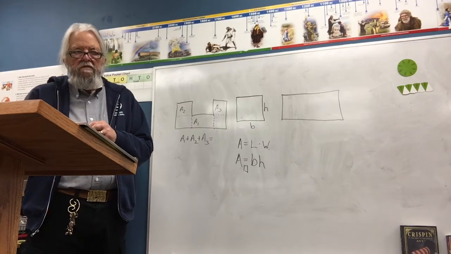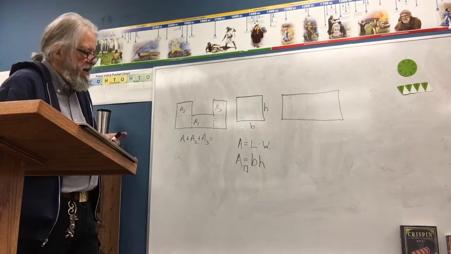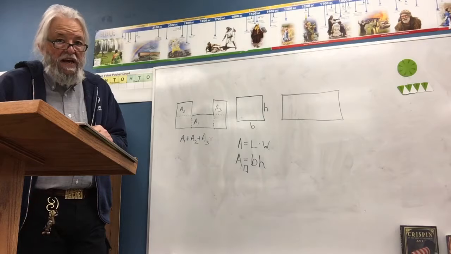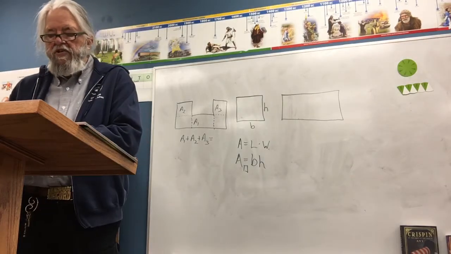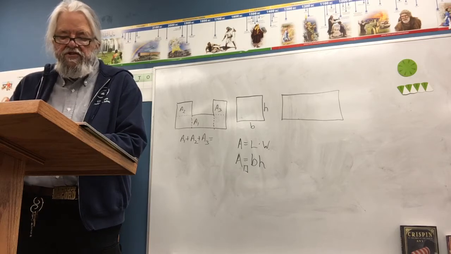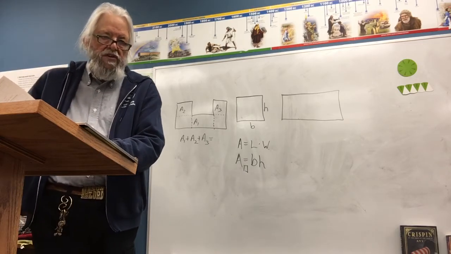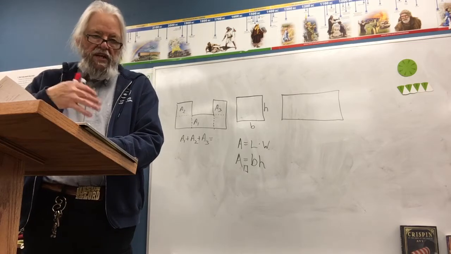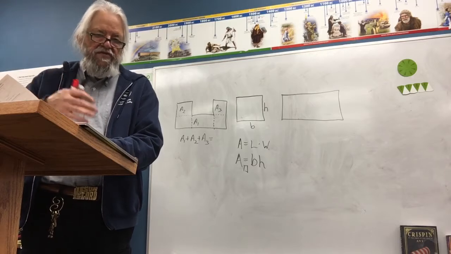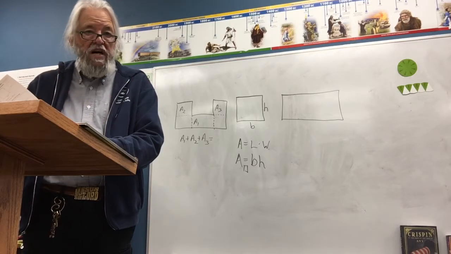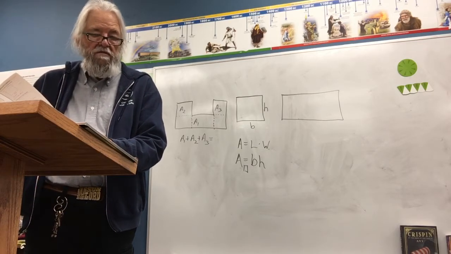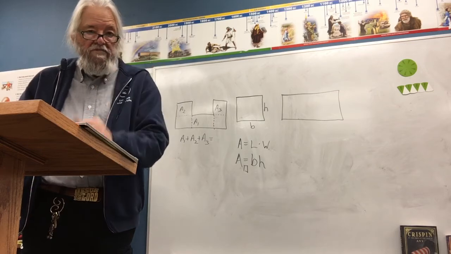You're just dividing it into quadrilaterals, because you can find the area of a quadrilateral. And then just don't forget that when you get your area, it's going to be something squared, because you're taking inches times inches, feet times feet, miles times miles, centimeters times centimeters, whatever. So it's going to be square. That's not the same as 2 times.